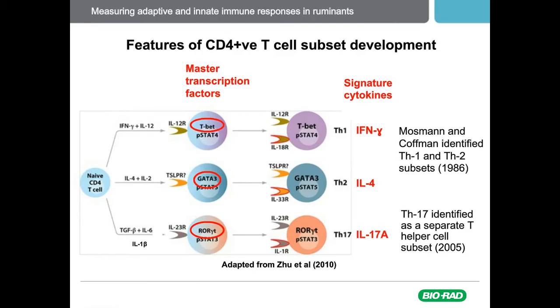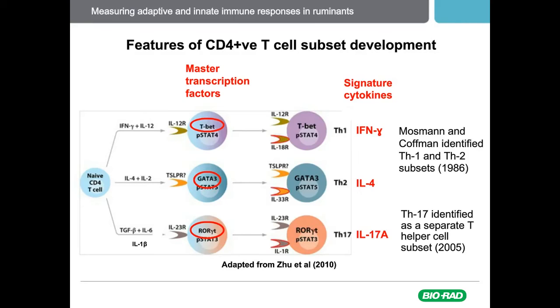When we look at the various features of CD4 positive T cell subsets that might help us identify them, how they are activated and ascribe function, we can see that there are a number of transcription factors and signaling molecules associated with different subsets. The initial paradigm was for Th1 and Th2, and that was the seminal work done by Mosmann and Coffman back in 1986.